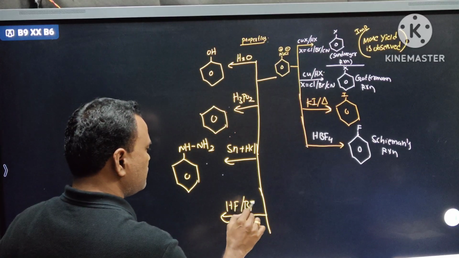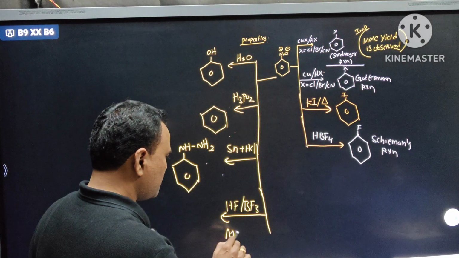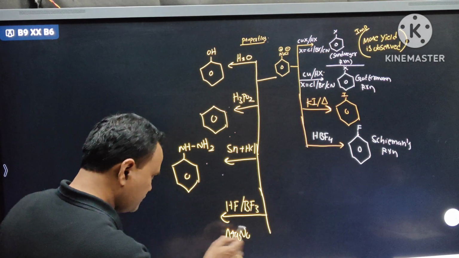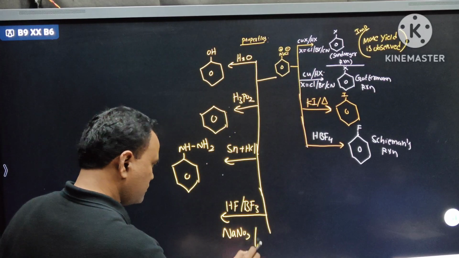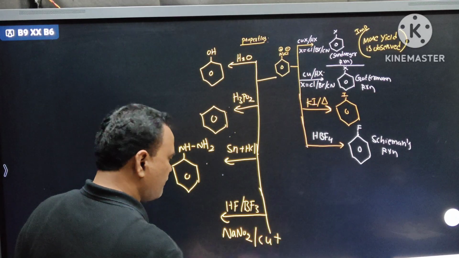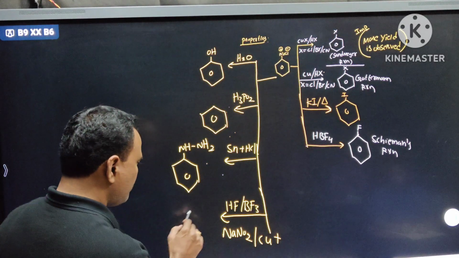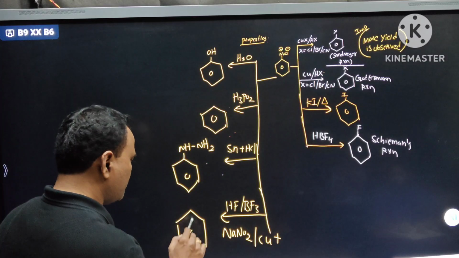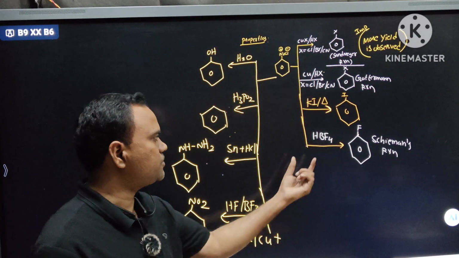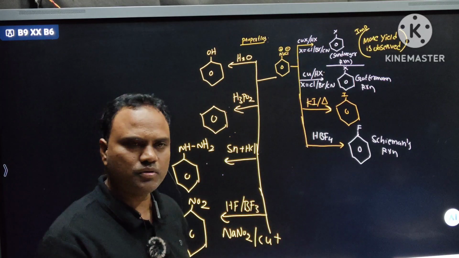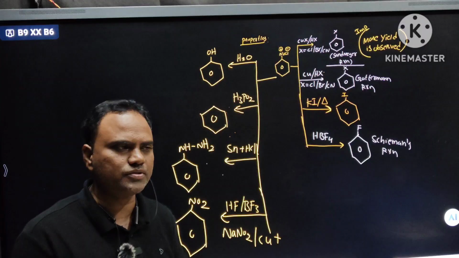HBF4 followed by NaNO2 in the presence of copper salts, we will get nitrobenzene. This is also an important reaction. HBF4 in the presence of NaNO2 followed by copper salt.